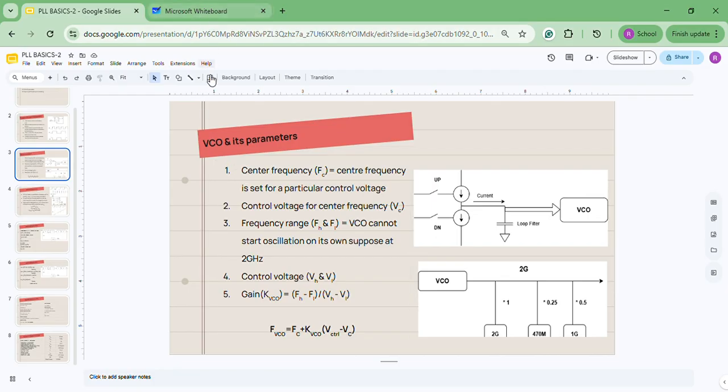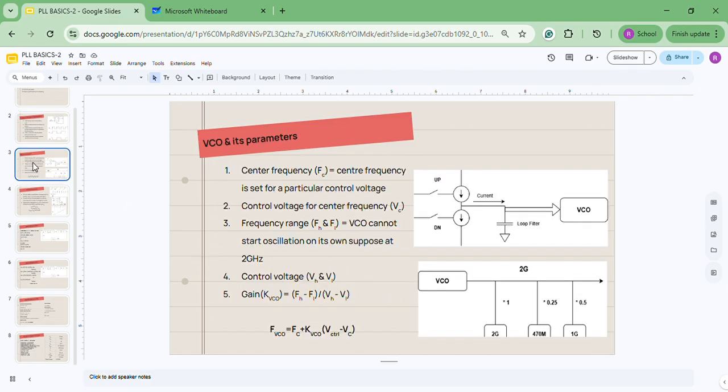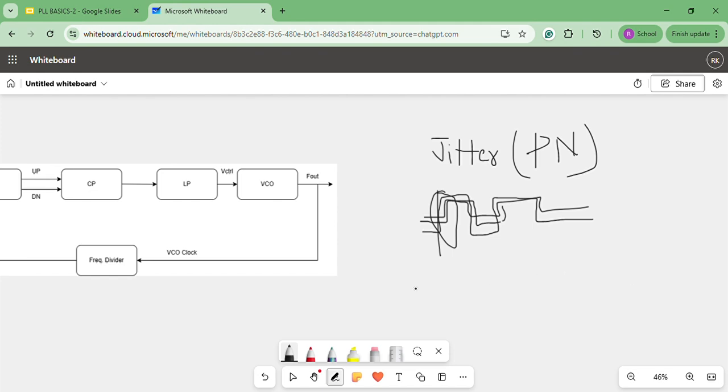As I told in the last class, last slide, we have considered 2 gigahertz as our central frequency. So for that central frequency, we can go here again. The VCO has input as V control and output as F out.